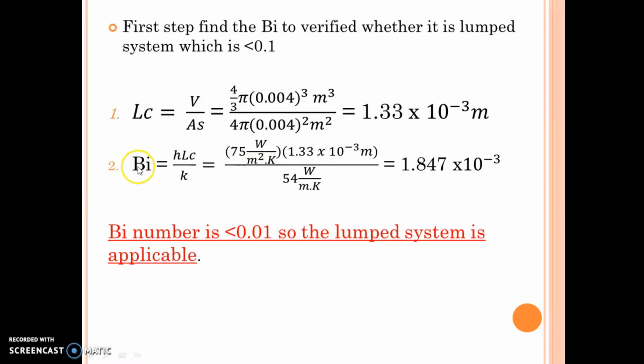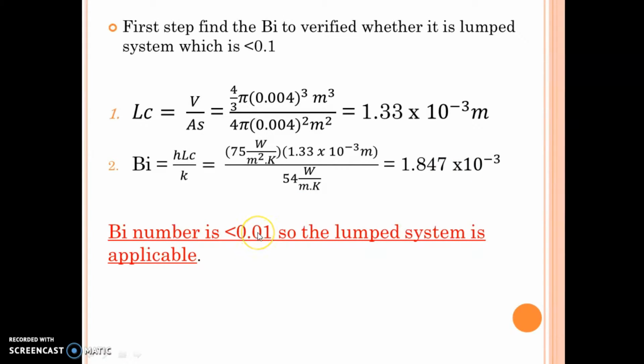Then we calculate the Biot number using this formula, h times 2Lc over k, and then we get 1.847 times 10 to the power of -3. So the Biot number is less than 0.1.